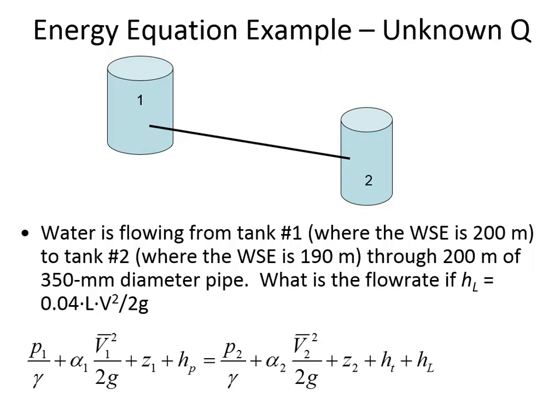So here's the first example that we'll work. We're taking a look at a case where a pipe is connecting two tanks, and the water surface elevation is known for both of the tanks. And we want to know what is the flow rate, and what's given is how the head losses vary.